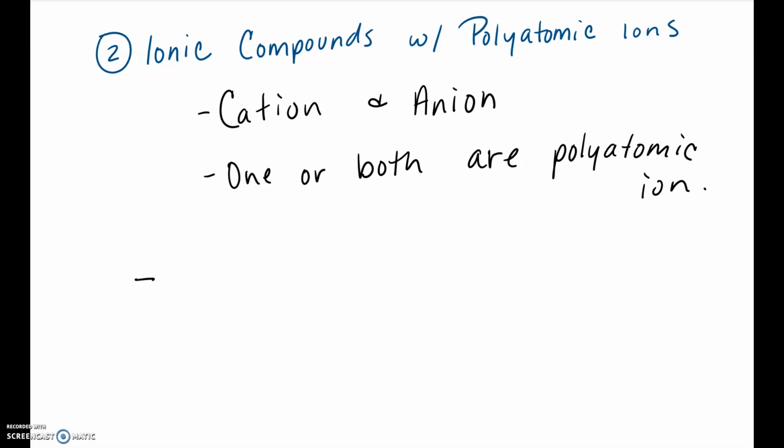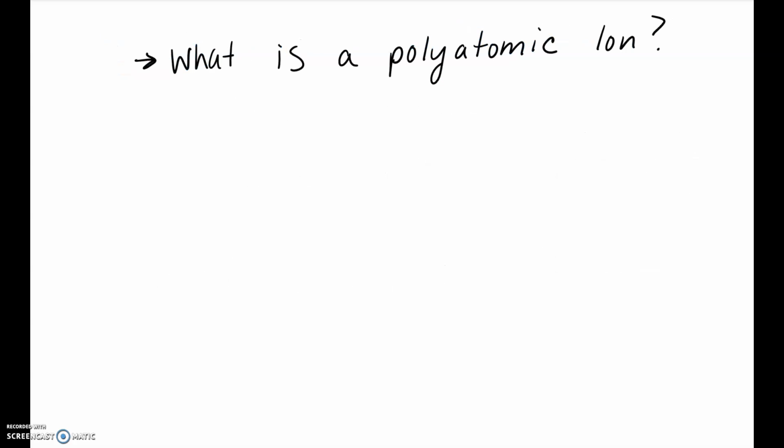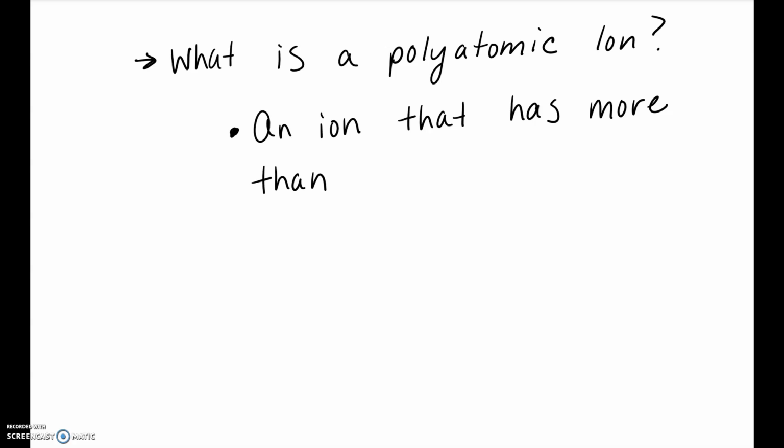Now we need to answer this question that is probably burning in your mind. What is a polyatomic ion? A polyatomic ion is an ion that has more than one atom.